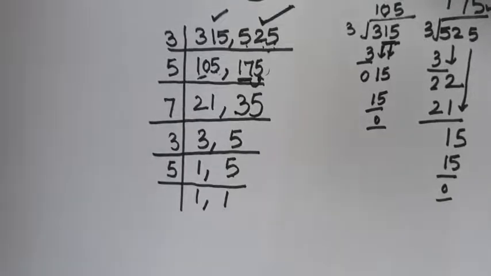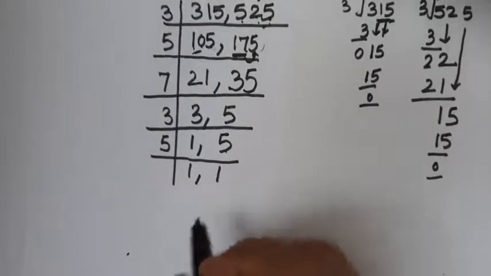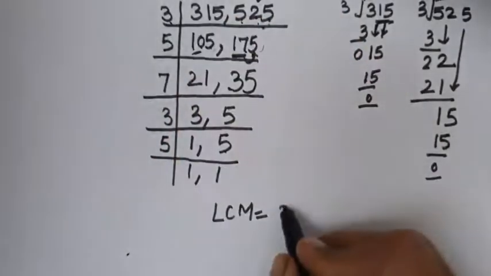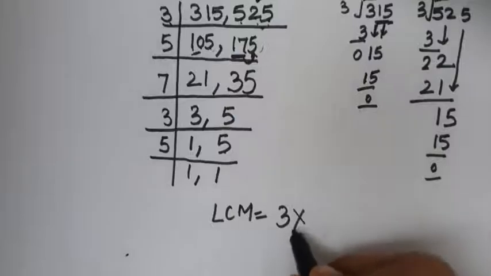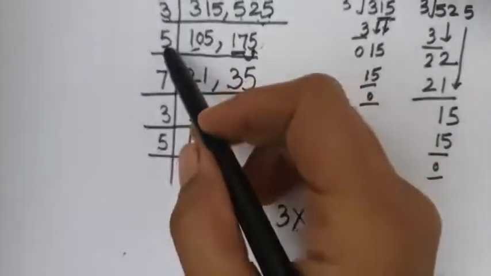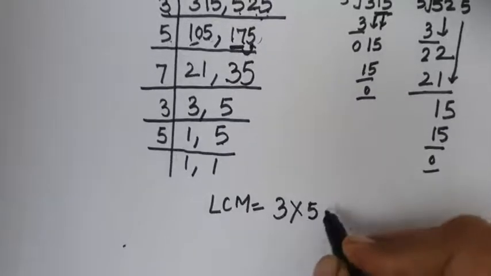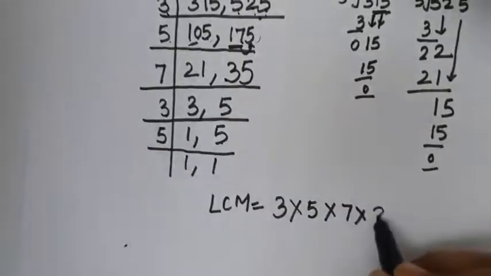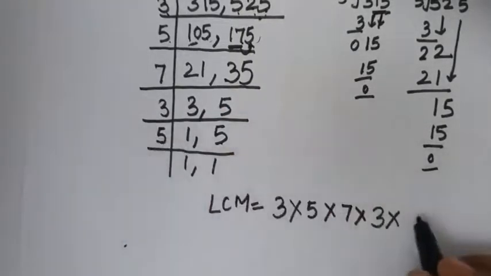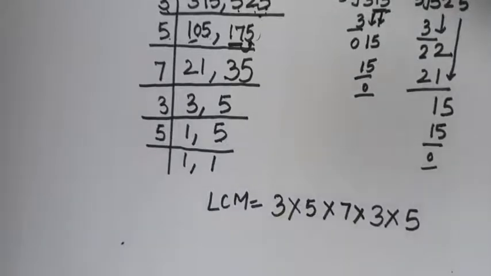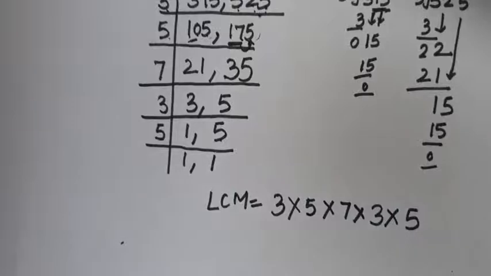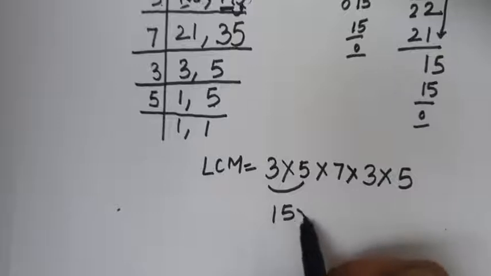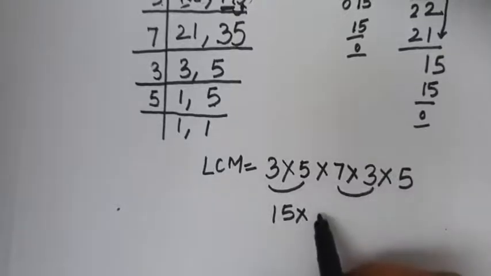Now we have to find the LCM. What will I write? I will write from here: 3 multiply 5, multiply 7, multiply 3, multiply 5. Now again what will we do? We will take the pairs. 3 into 5, 15. 7 into 3, 21.